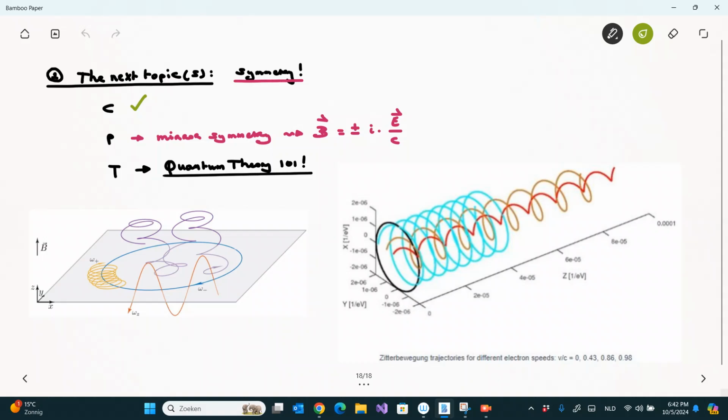The P in CPT symmetry is a mirror symmetry, and I said the most fundamental asymmetry in nature is the electromagnetic force as we know it. The magnetic field vector follows the electric field vector with a phase difference of, well, a direction.